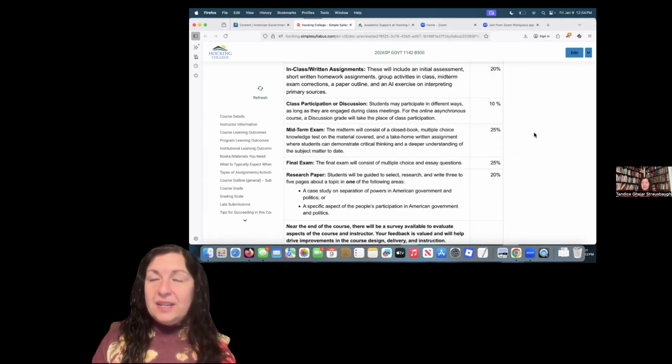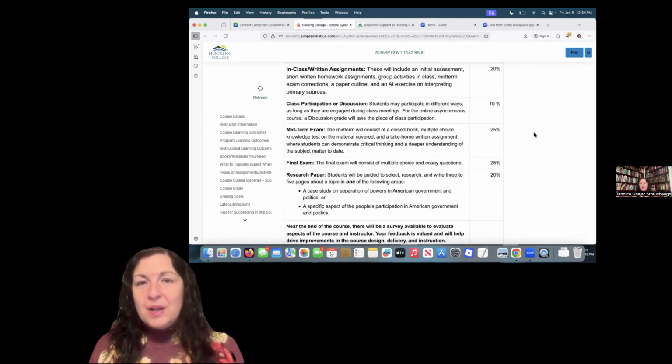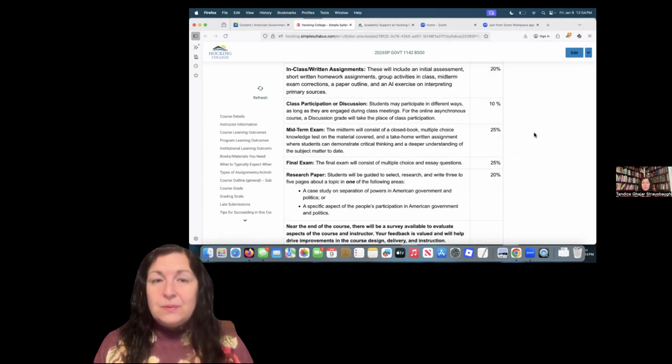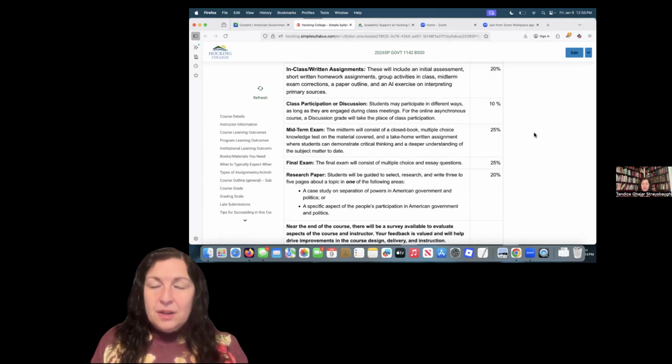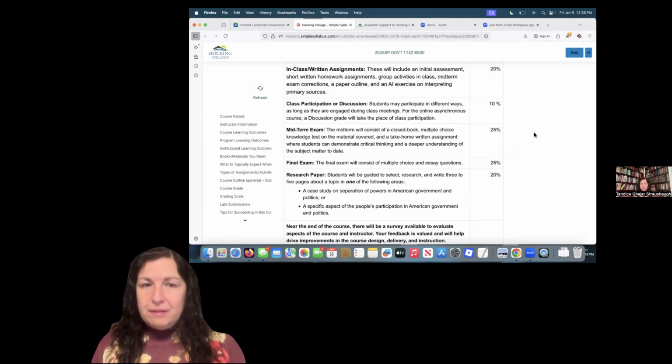The second part is essays, which will still ask you to draw information from your textbook, but you can use your book and other sources to complete those. Each exam will be worth, in total with the 2 parts, 25% of your grade. So 2 parts on the midterm, 25%, 2 parts on the final, 25%.